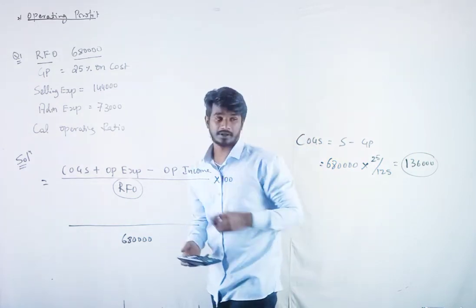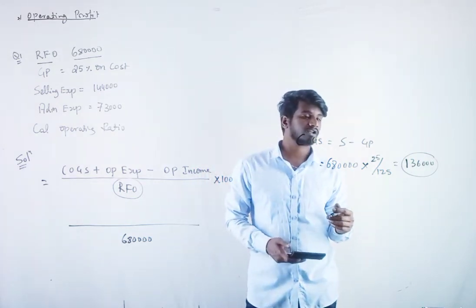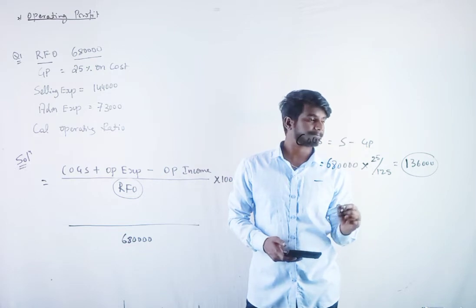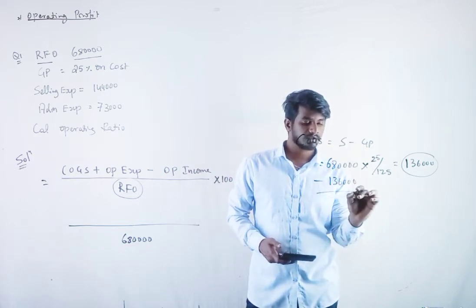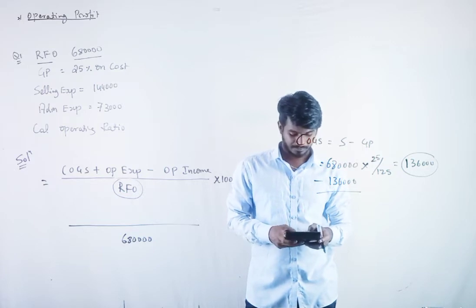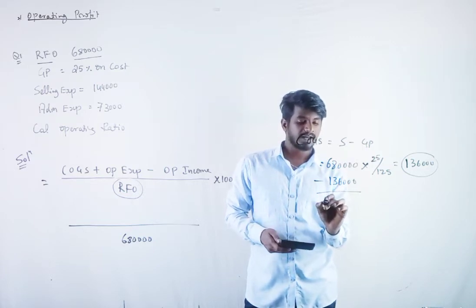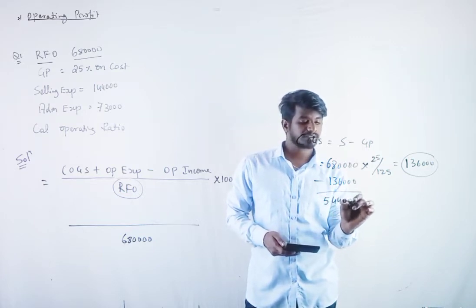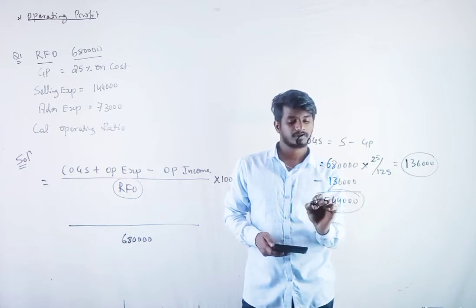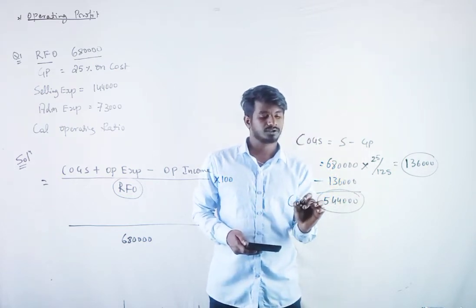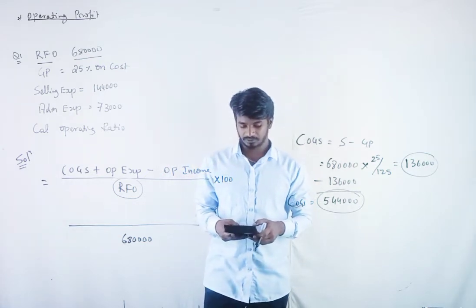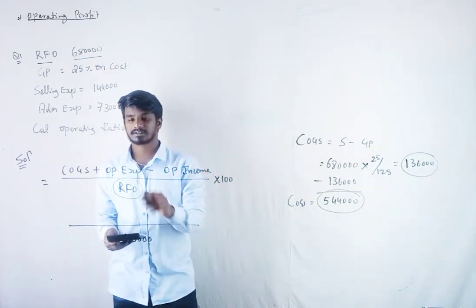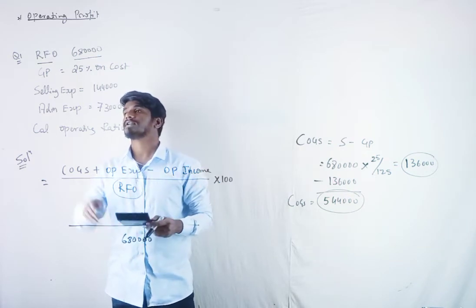If we minus the gross profit 1,36,000 from the sale, the remaining 5,44,000 is the cost of goods sold. Then 5,44,000 plus operating expenses.